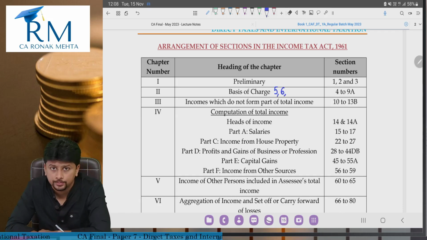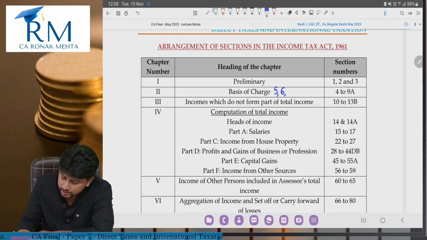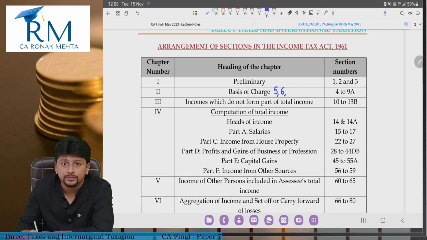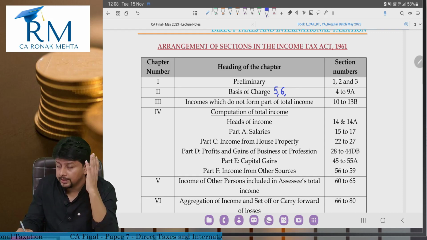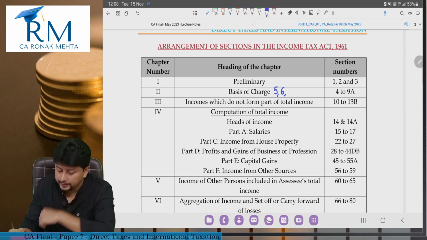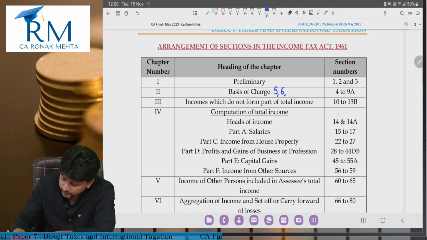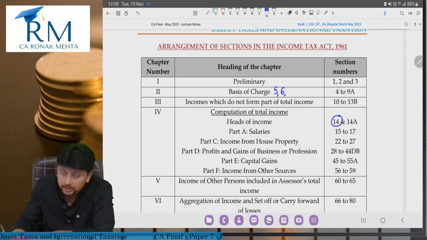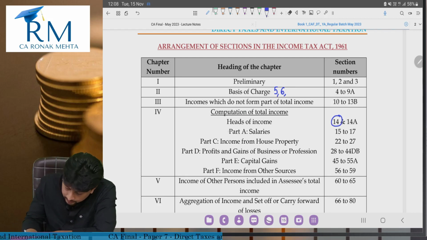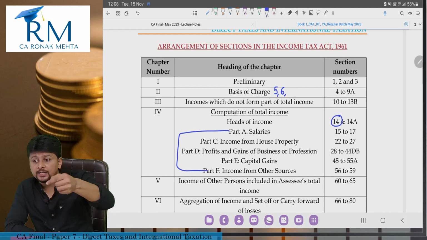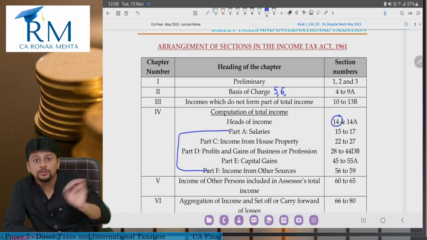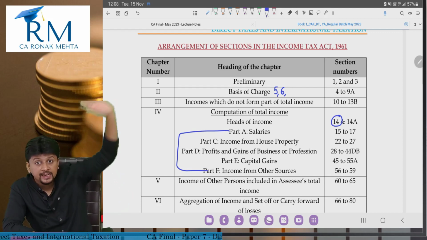Incomes which don't form part of total income, exempt incomes, section 10 to section 13B. Popularly we know section 10, but that's not all. There are many sections here to study. Heads of income. Section 14 gives you the list, and then these are my heads. There was part B also, interest on securities, way back in the 1980s.